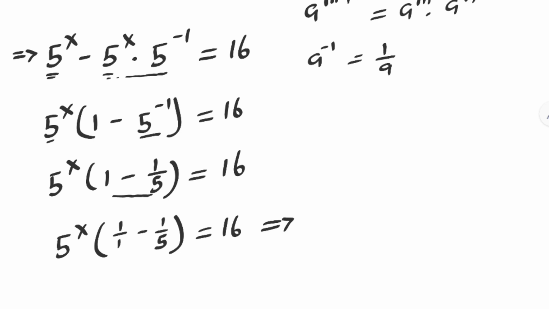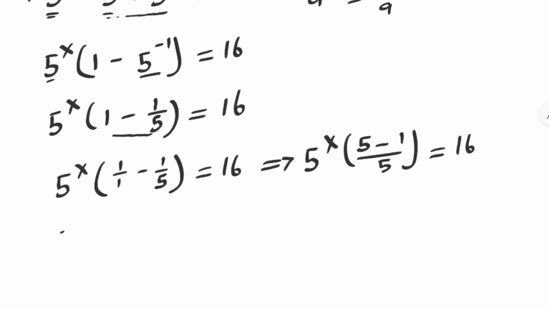And this is the same thing as 5 raised to power x bracket 1 in 5, 5 times 1, that is 5, minus 5 in 5, 1 times 1, that is 1 over 5 must be equal to 16. So we have 5 raised to power x bracket 5 minus 1, that is 4 over 5 is equal to 16.